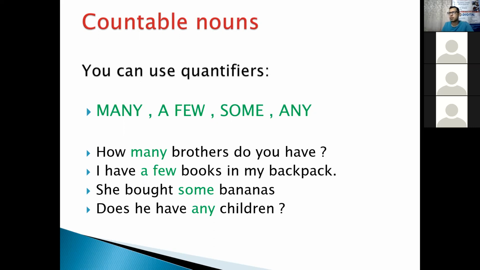How many means how many brothers do you have? So that's a quantifier. 1, 2, 3, 4, 10, 12, 20, who knows? I have a few books in my backpack.